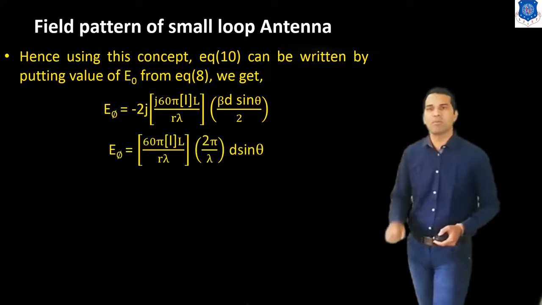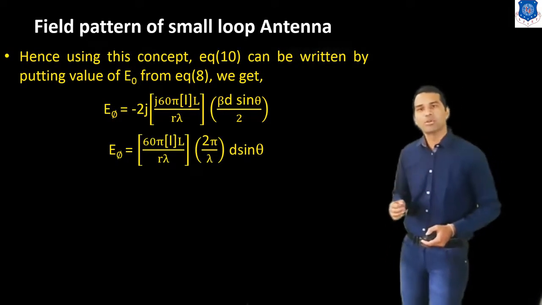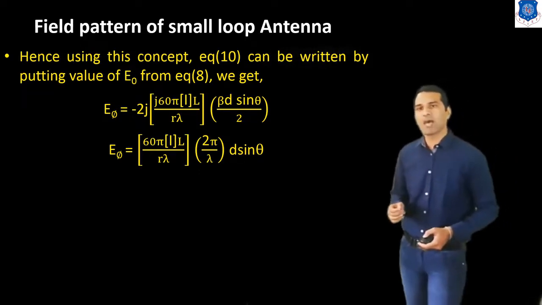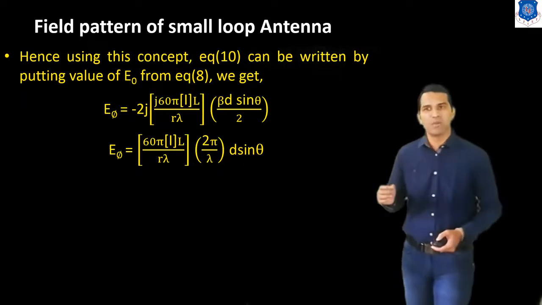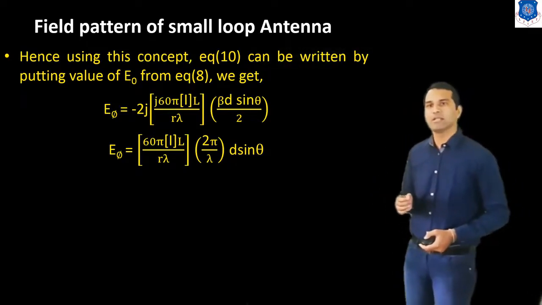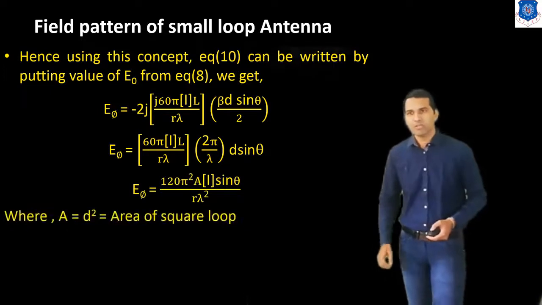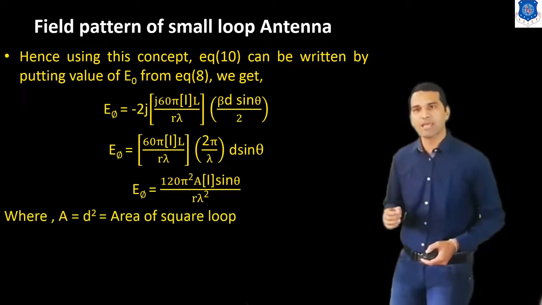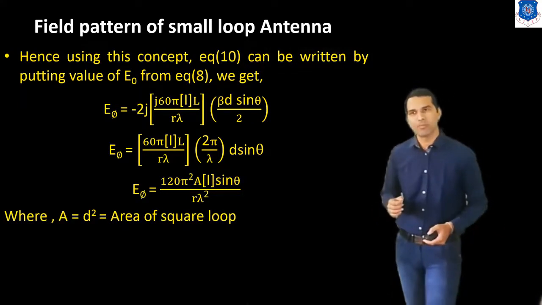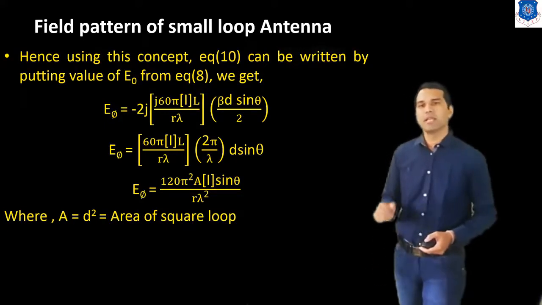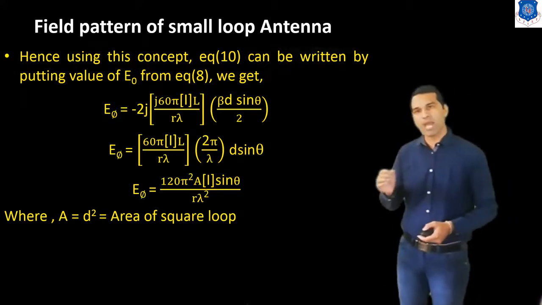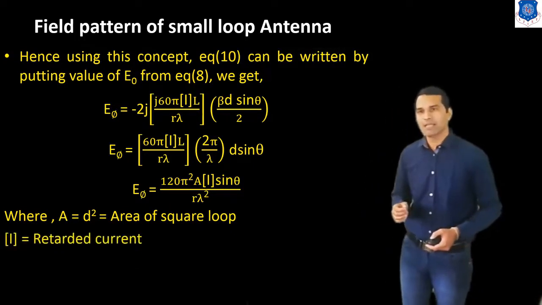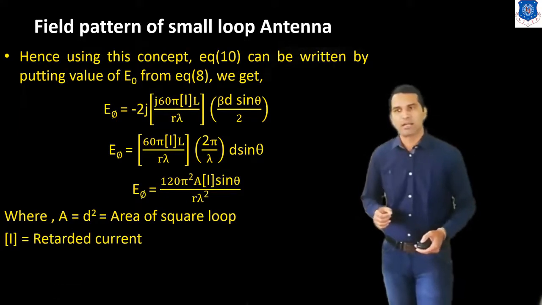We put the value of beta, which is 2 pi by lambda, in the 60 pi IL upon R lambda expression, along with d sin theta, and the 2 cancels. So finally we get E phi equals 120 pi squared A I sin theta upon R lambda squared. Here A indicates the area of the square loop, since instead of d squared we have written A, and I indicates the retarded current.